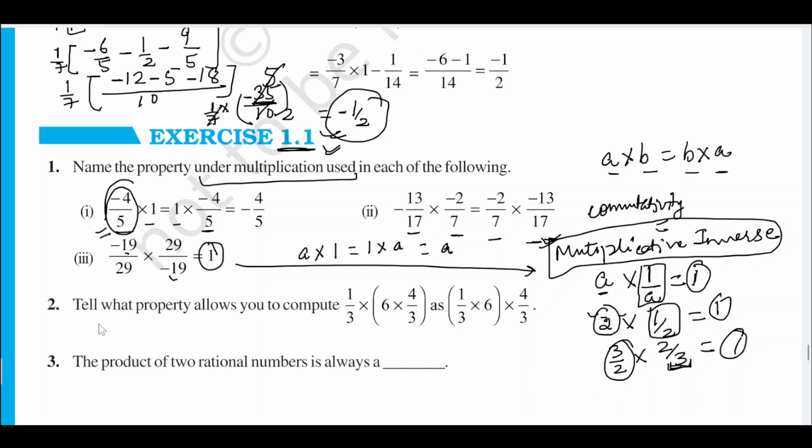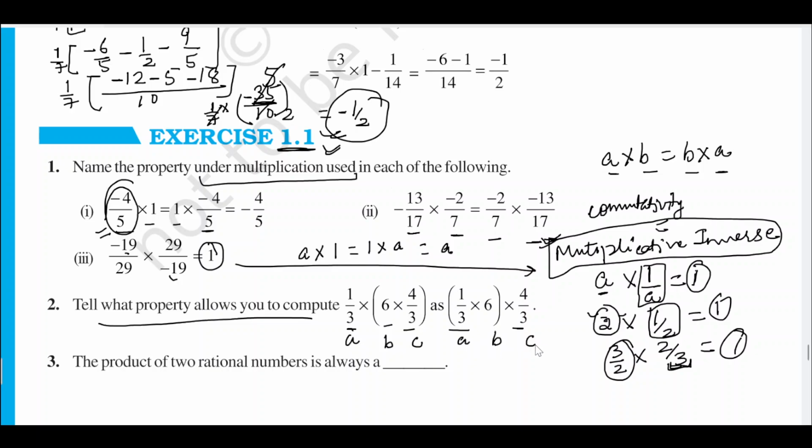Tell what property allows you to compute 1 by 3 into bracket 6 into 4 by 3 as bracket 1 by 3 into 6 bracket close into 4 by 3. So you are saying that the position of numbers A, B, and C is not changing.